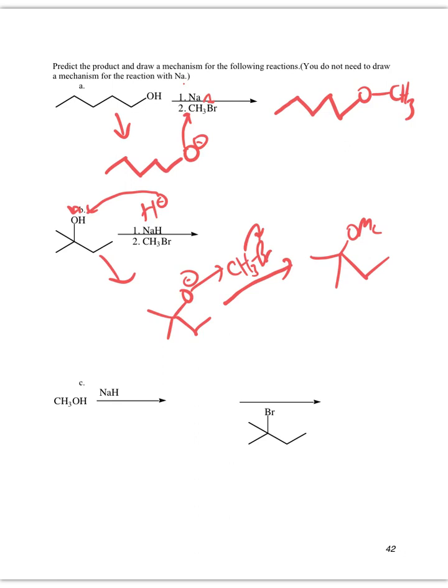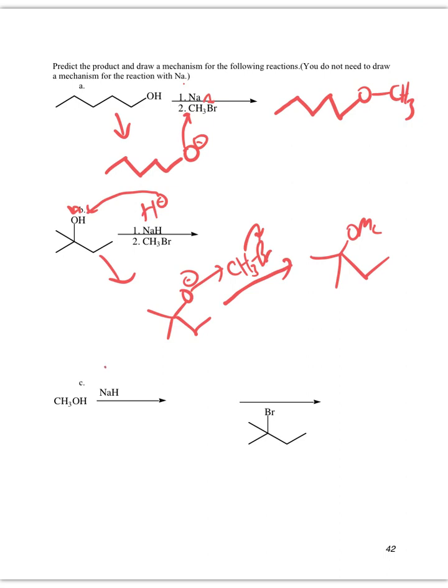And the third one, remember we said on the previous page that the leaving group needs to be a primary or a methyl leaving group. If it's not a primary or methyl leaving group, other reactions can occur, and we have to be careful what we want to have happen.